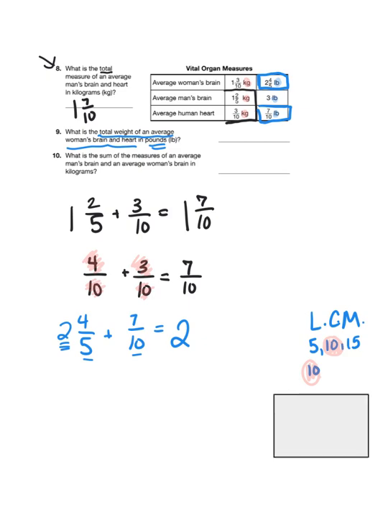And let's do it with a visual model just for extra practice. So here's my fifths. 1, 2, 3. There's 5 equal pieces. I'm going to shade in 4 of them. And remember, this model represents how much the average woman's brain weighs, which is kind of a weird thing to think about, but okay.